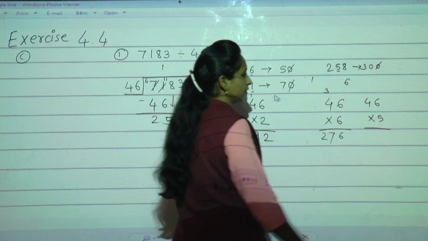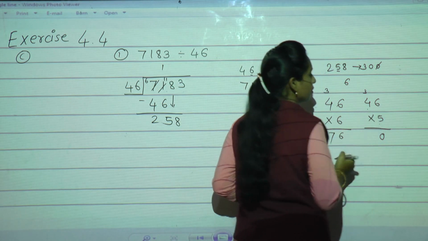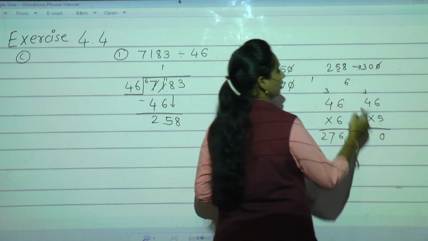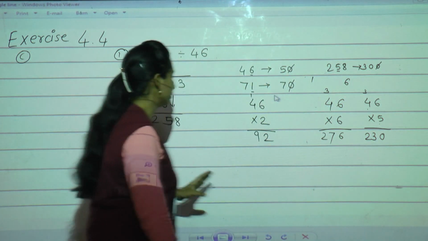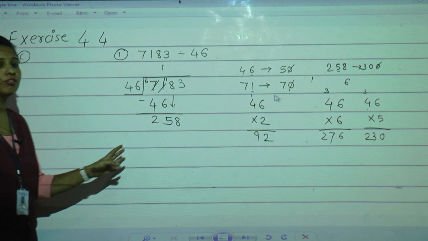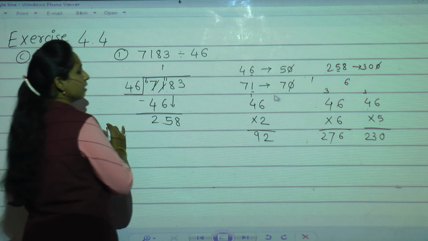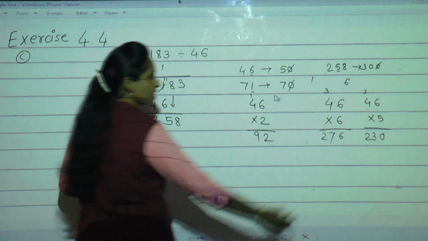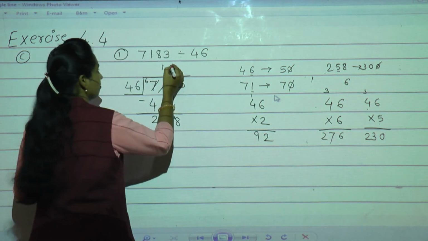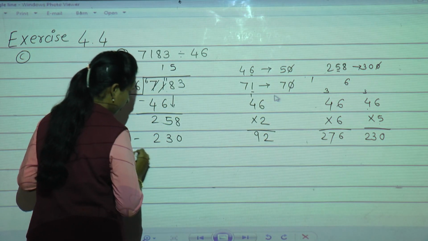With 5 quotient we will try. 5 6s are 30. 5 4s are 20, 20 plus 3? Yes, 23, isn't it? Now 230 can go from 256. Now how many times 46 will go from 256? 5 times. 5 times 46 is 230. Now do the subtraction.